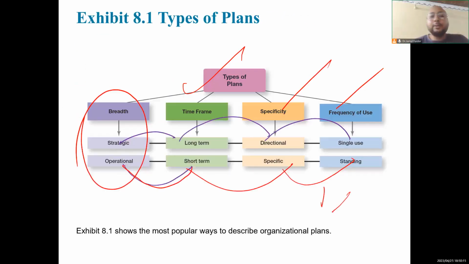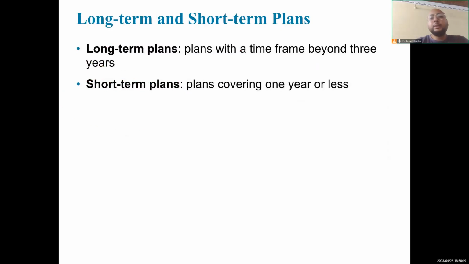Now, based on time frame, we have long term and short term. Normally in management, long term means 3 years. Short term means 1 year or less than 1 year, right?